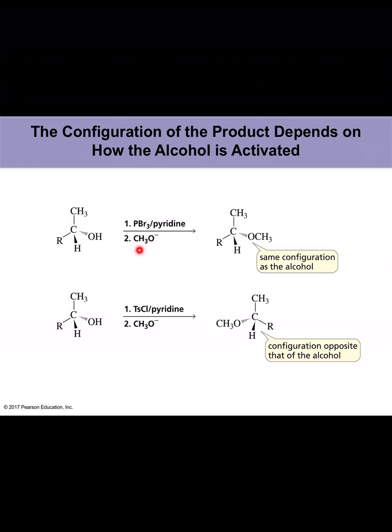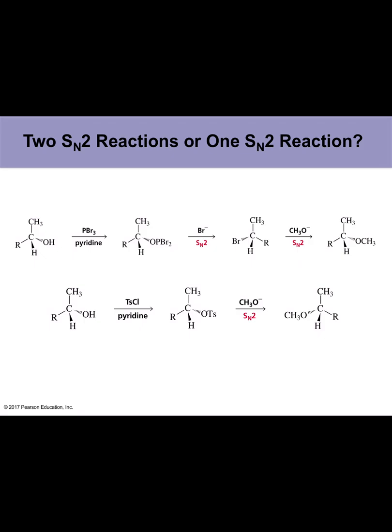Now the very first reaction is also an SN2 reaction, and the second one is also an SN2 reaction, but the first gives the same configuration as the alcohol in the product, while the second gives a configuration opposite of that of the alcohol. Now let's see what's happening here. Two SN2 reactions or one SN2 reaction.